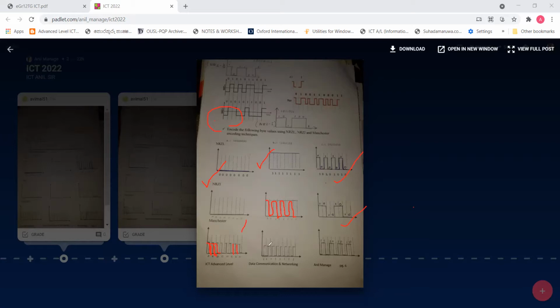Then you have to connect this line. When my lines connect, then it is okay. Then 1 and 0, 1, 0, yes. This is okay.